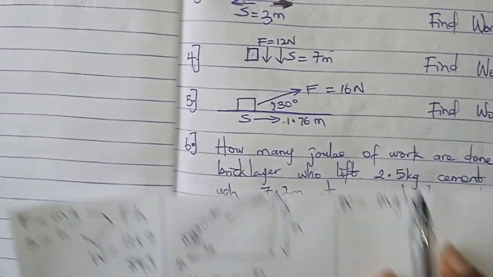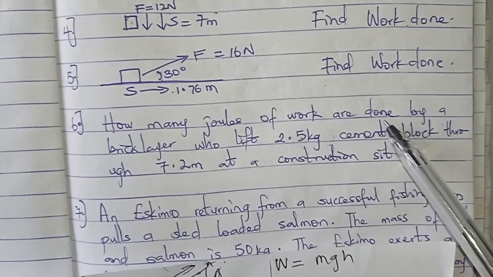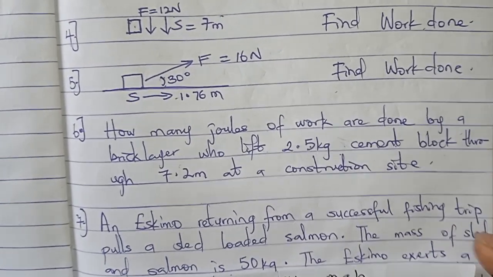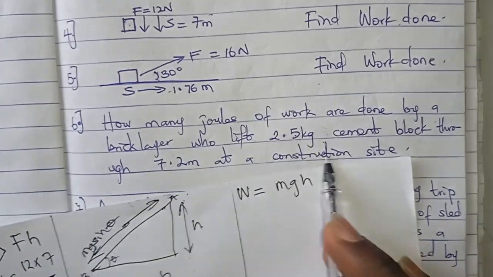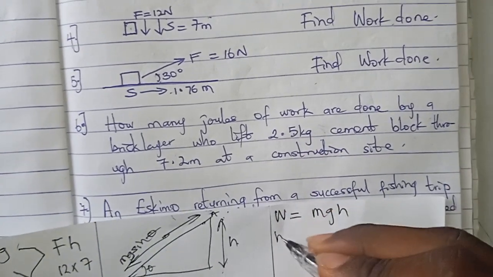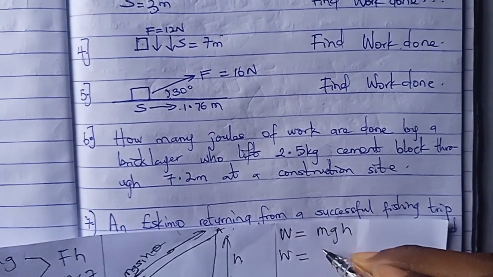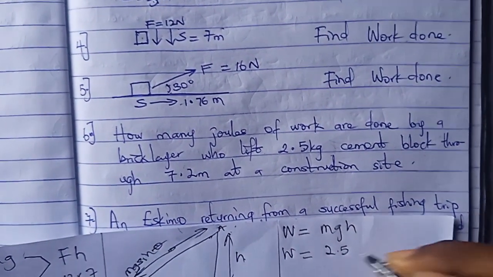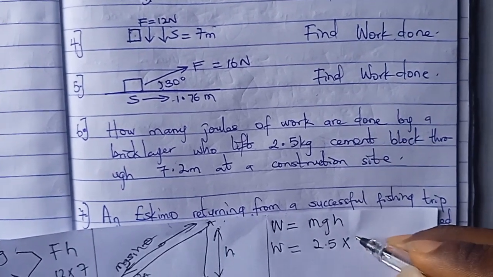So for that reason, to solve this question, how many joules of work are done by a bricklayer who lifts 2.5 kg cement block? So this will be the last for today. So I will have work is going to be equals to the 2.5 kg, then gravity, which is 9.8.